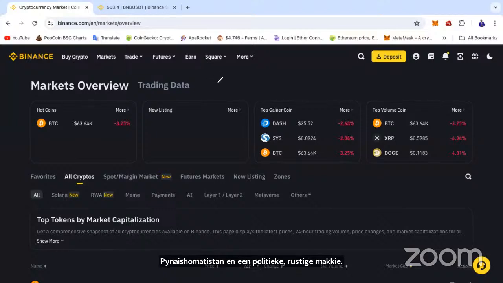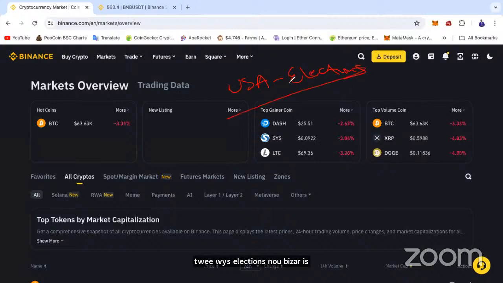I want us to understand that all of us across the world, how many of us are paying attention to the USA elections? These are extra factors that affect financial markets. They affect Forex. Let me ask, how many of us are seeing that news across the world is centered on the US elections?